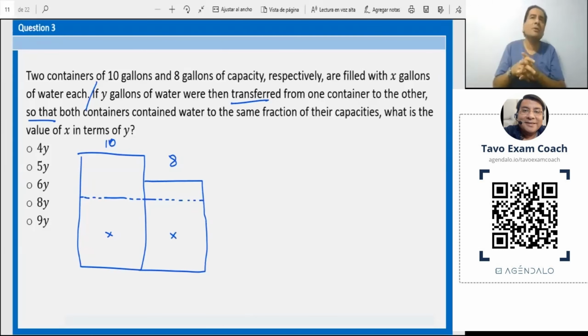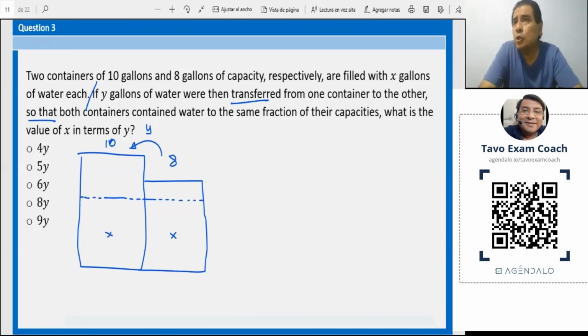It is the 8-gallon container that looks fuller. So you could say that it looks fuller to a greater fraction of their capacity compared to the 10-gallon container. So it's clear that the Y gallons should be transferred in this direction, so that the 10-gallon container looks a little bit fuller and the 8-gallon container looks less full than originally.